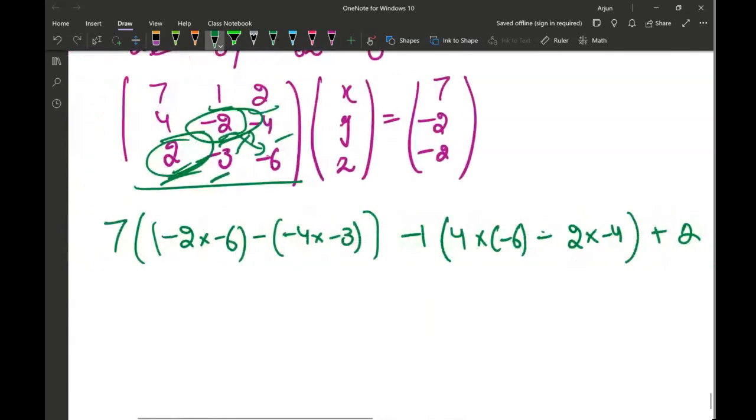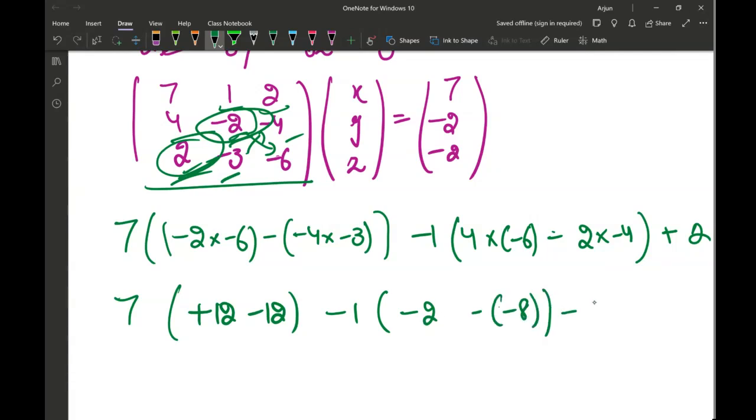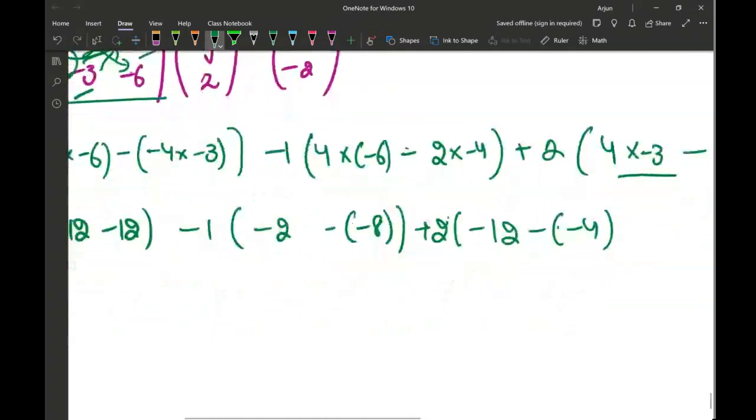This gives me 7, plus 12 minus 12, and then minus 1, minus 24, minus 8, and then plus 2, minus 12, minus 4. That's what I get from here.